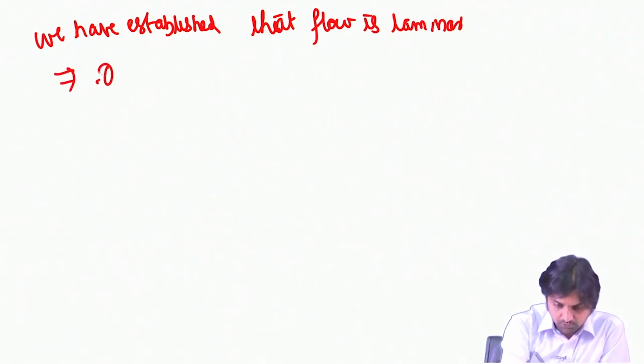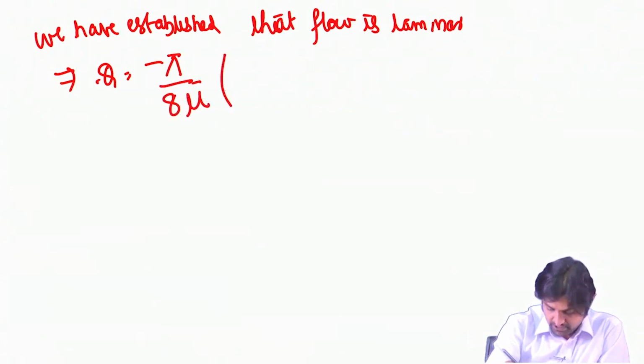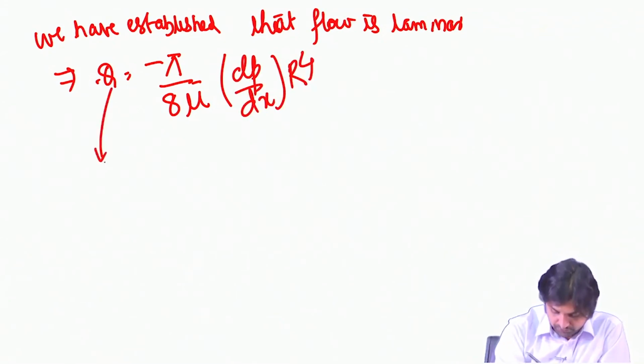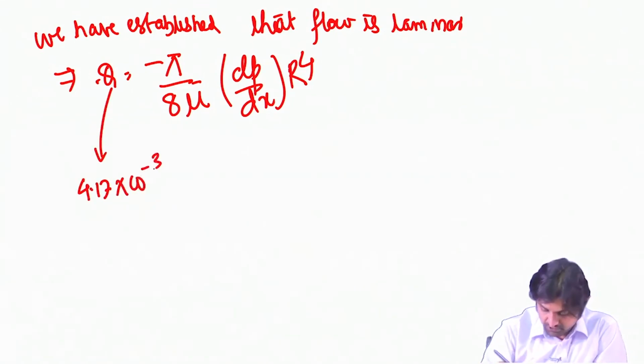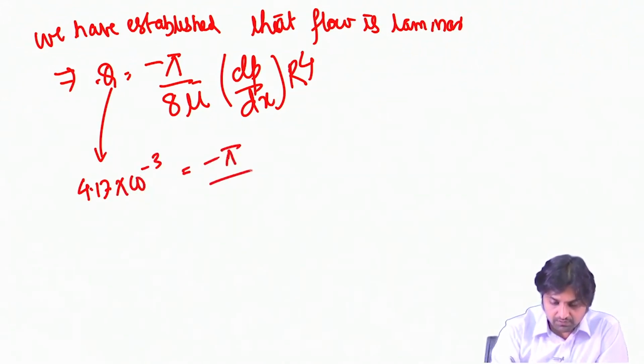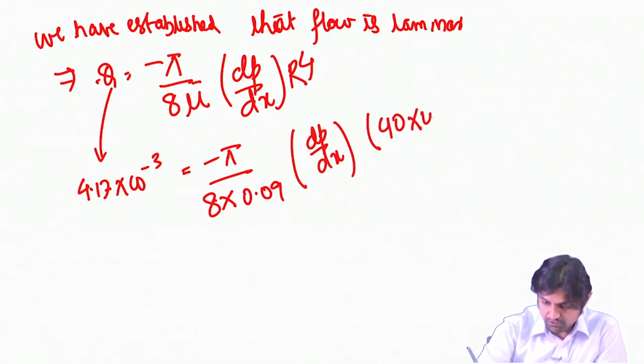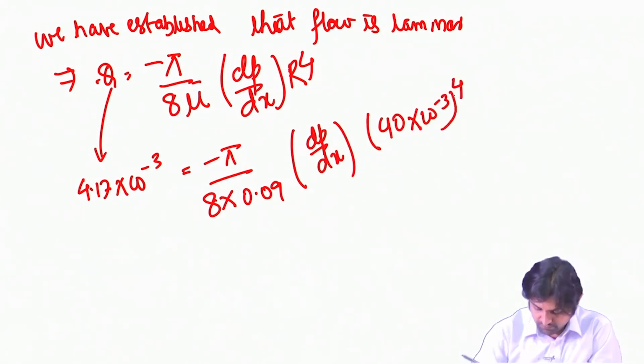Therefore, Q is given by the formula that we have derived, minus pi divided by 8 mu, dp dx, into r to the power 4. The Q value we already know, that is 4.17 into 10 to the power minus 3, equal to minus pi by 8 into 0.09, dp dx, into r, which is 40 into 10 to the power minus 3, to the power 4.